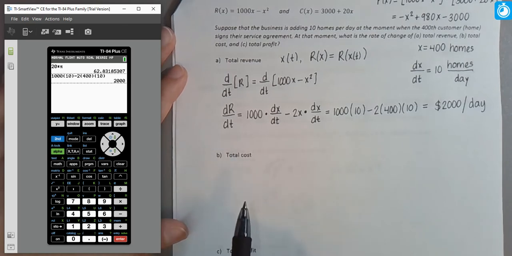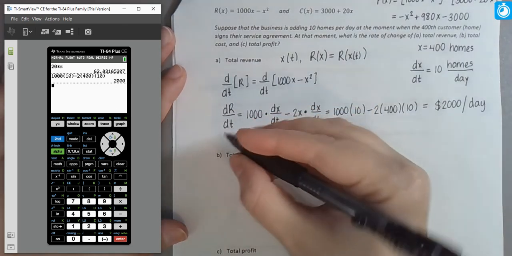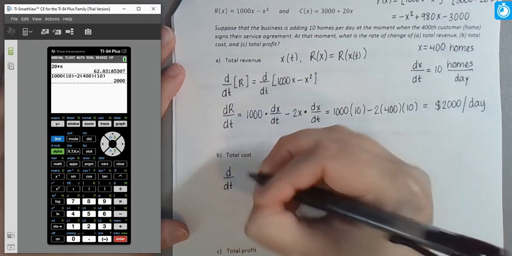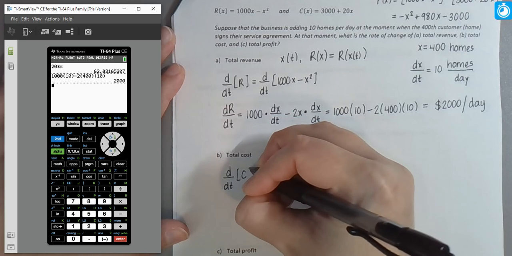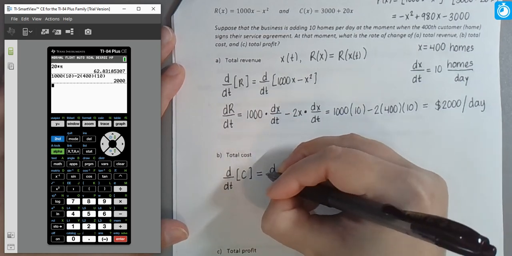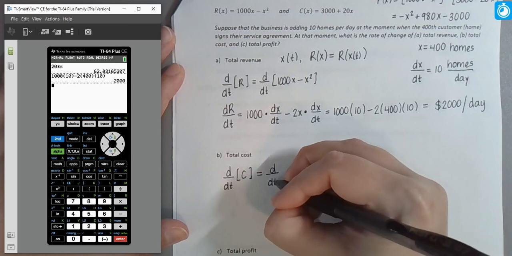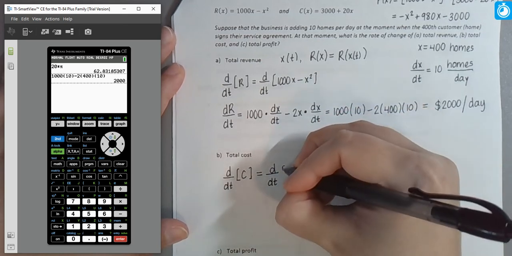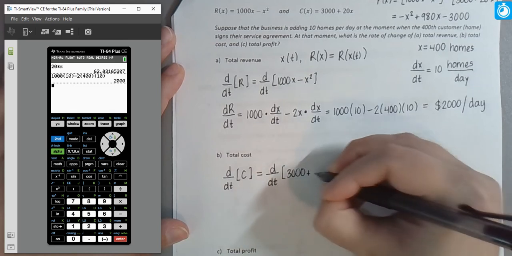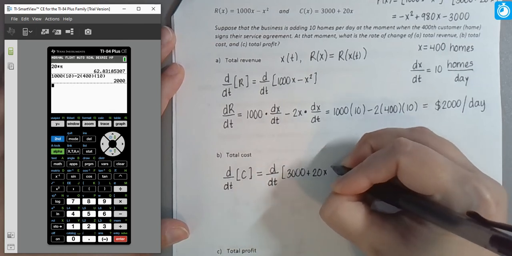So in finding the change in cost, we're going to take the derivative with respect to time of cost. And so that means we're going to differentiate the expression for our cost function. So that's going to be 3,000 plus 20x.